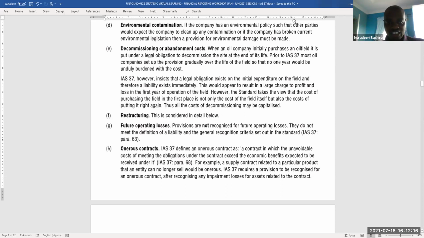IAS 37 defines an onerous contract as a contract in which the unavoidable costs of meeting the obligation under the contract exceed the economic benefits expected to be received under it. IAS 37, paragraph 68. For example, a supply contract related to a particular product that an entity can no longer sell will be onerous. IAS 37 requires a provision to be recognized for an onerous contract after recognizing any impairment losses for assets related to the contracts.